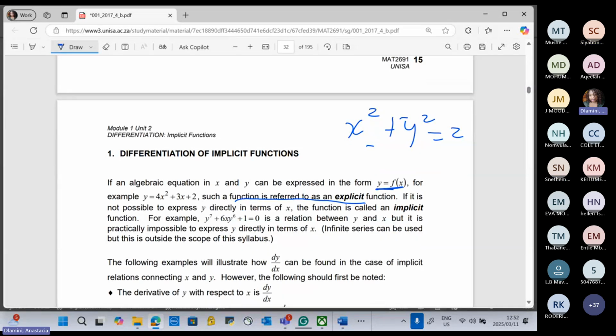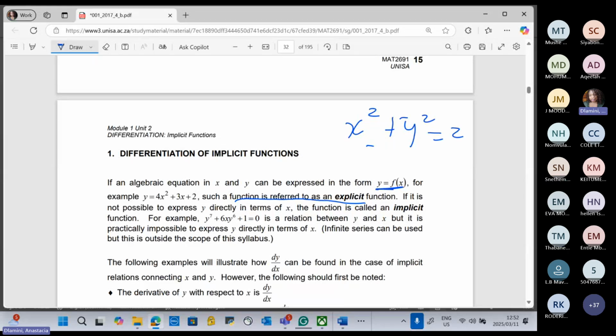Example, y to the power of 7 plus 6xy to the power of 6 plus 1 equals 0 is a relation between y and x, but it's practically impossible to express y directly in terms of x. In our module, MAT2691, it's impossible to express it.